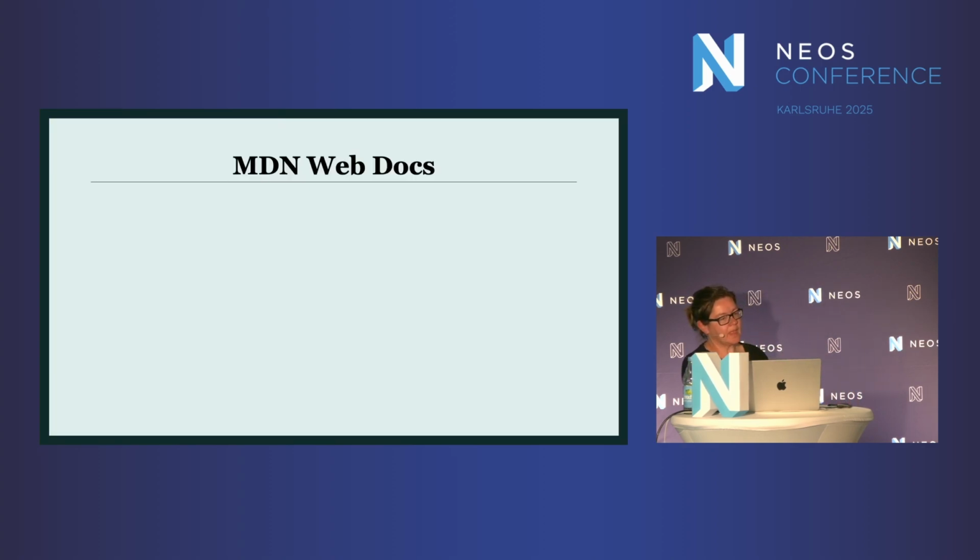So, number 1, the MDN web docs. You might still know them as Mozilla Developer Network web docs. They're the number 1 resource to check up. Why? They contain all of the specifications for HTML, CSS, JavaScript, all of the browser API information, like media, for example, or audio. They have an abundance of examples, things to consider when implementing them, guides and learning materials.